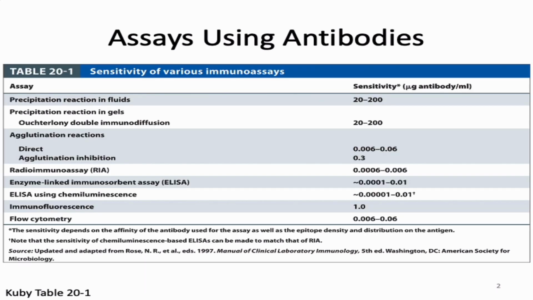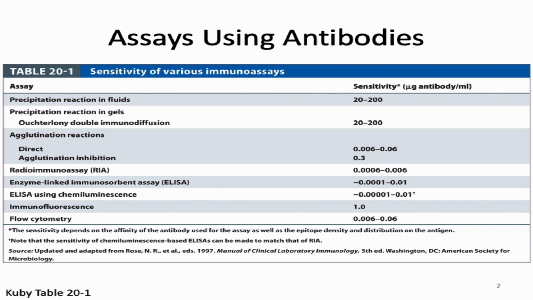This is a table from the textbook that actually talks about some of the assays that are out there that involve antibodies. What you should notice is that there's a lot of them, and they have some variation.